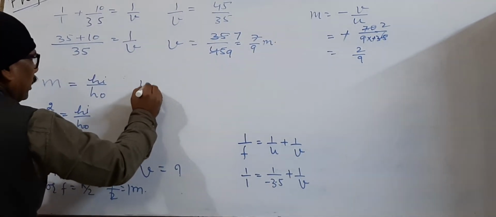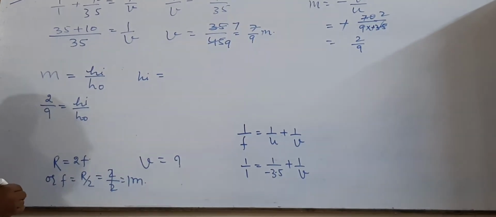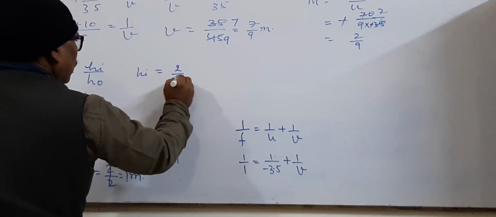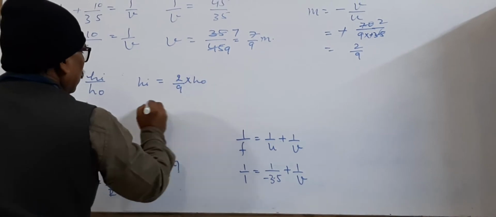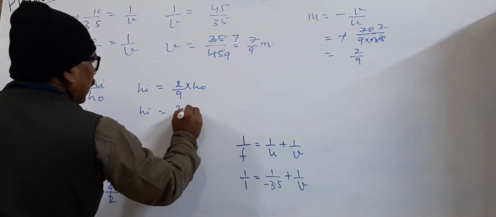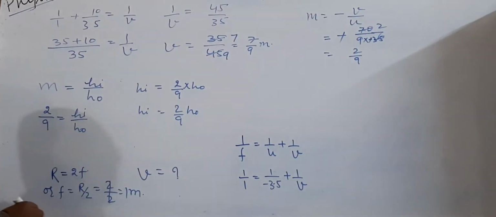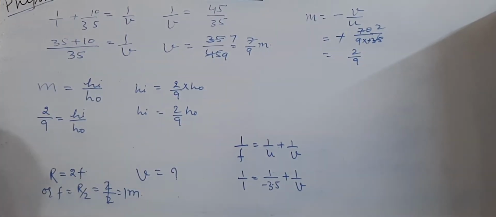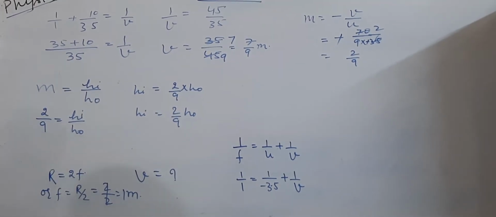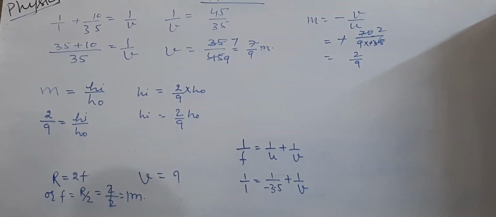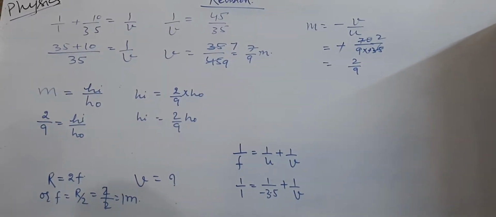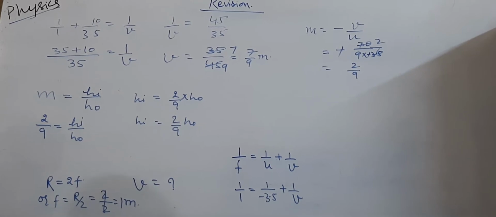It means the size of the image in comparison to the size of the truck is 2/9 into HO. Means HI, image size, is 2/9 of the truck size. So in this way you can solve the numerical problem related to the mirror.